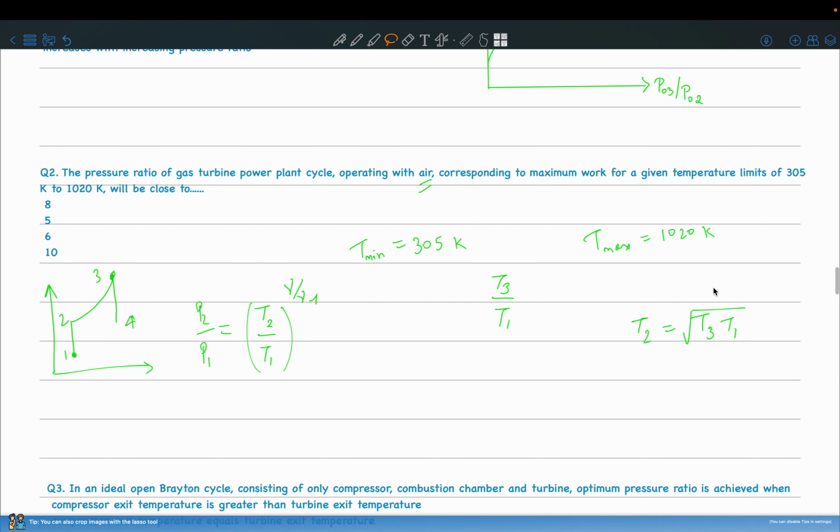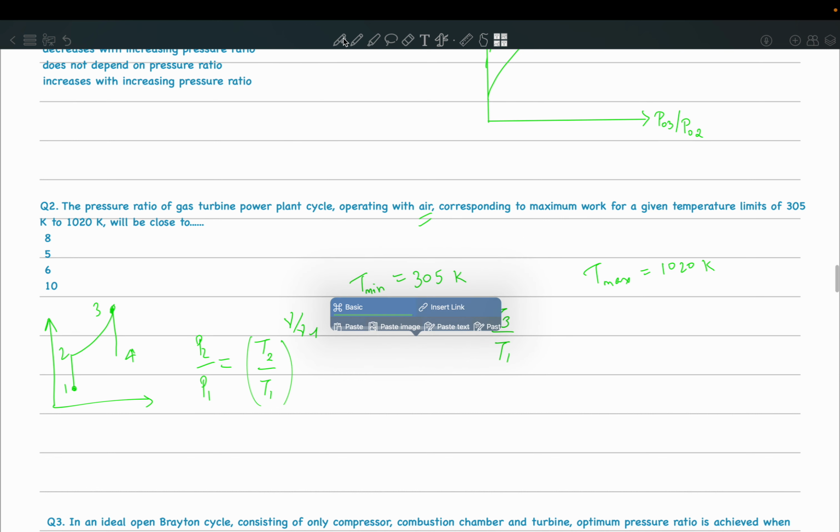Okay, so we can combine all this and write the formula as P2 by P1 is equal to T3 by T1 to the power gamma by 2 into gamma minus 1.